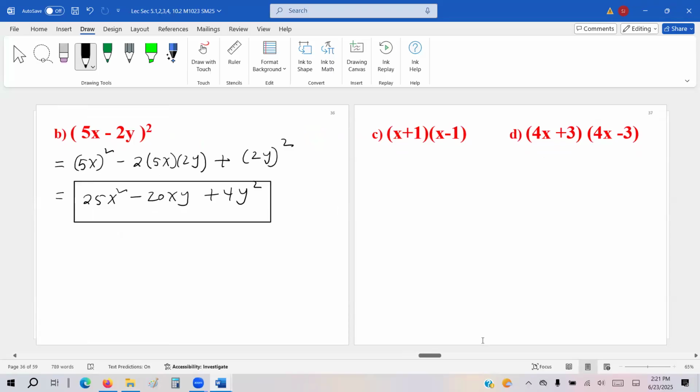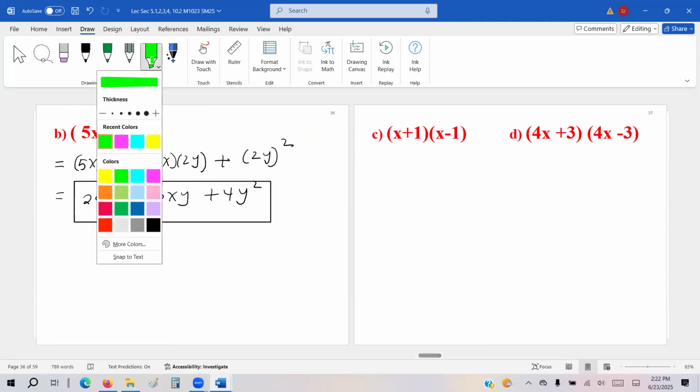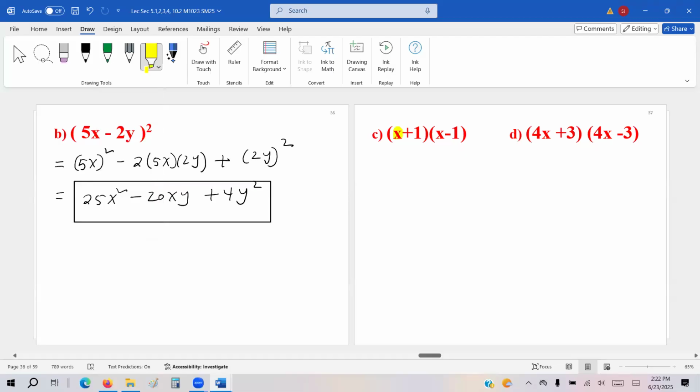So x plus 1 times x minus 1. Observe, we have the same thing on both factors. x here, x here. 1 here, 1 here. Same 1, same x.